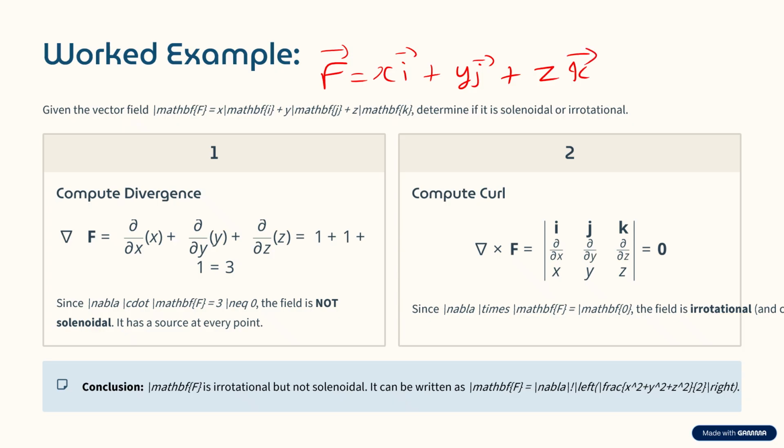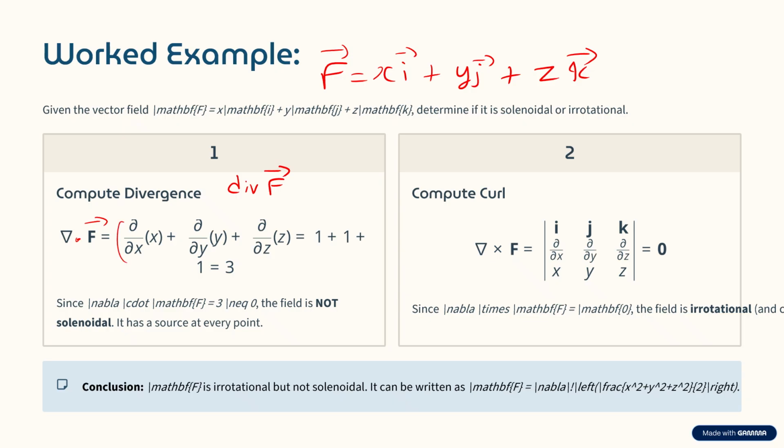First we are going to find the divergence of f vector, denoted by del dot f vector. How to find the dot product? We need to find i dot i, j dot j, k dot k. Other dot products are 0. So i dot i will give you dou by dou x of x.